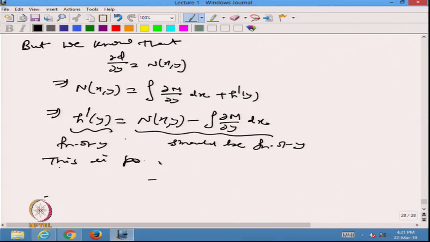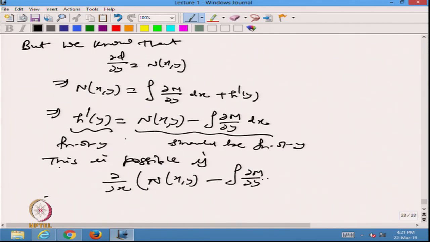This is possible if the partial derivative with respect to x of the right hand side, N(x, y) minus the integral of del M by del y dx, is equal to 0. Because if it is a function of y only and I take the partial derivative with respect to x, then it should be equal to 0.